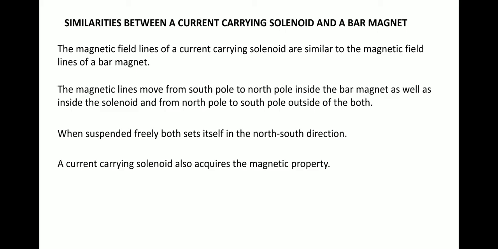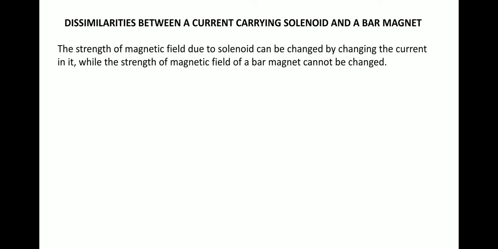Not only are they similar, but they also have some dissimilarities. The dissimilarities between a current carrying solenoid and a bar magnet are: the strength of the magnetic field due to a solenoid can be changed by changing the current in it.